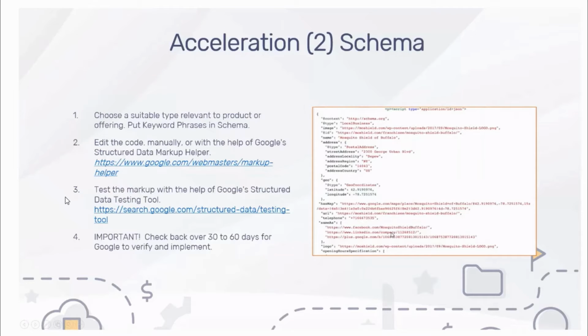That really helps. In addition, we have schema. Schema data is a new way, in addition to meta tagging, of tagging different sections on the website to tell Google what those sections are. So for example, if it's a menu, you can now tell Google, this is a menu. You have a specific tag that tells Google this is a menu. If this is an article, you can have specific schema tags that tell Google this section of the website is an article.